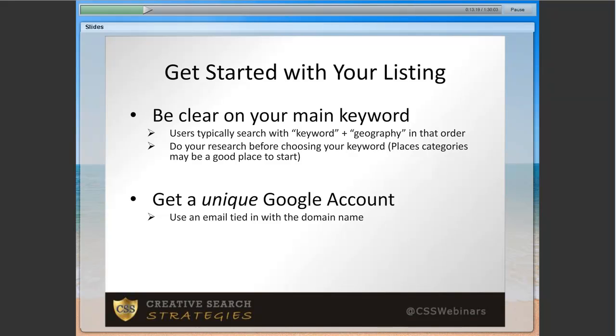If I had that domain name, I would register a Google account under my name or info@plumberbrisbane.com.au, something generic that's tied with the business itself, so that all of your Google tools, so you've got Webmaster Tools, Analytics, AdWords, AdSense, YouTube, the list goes on.